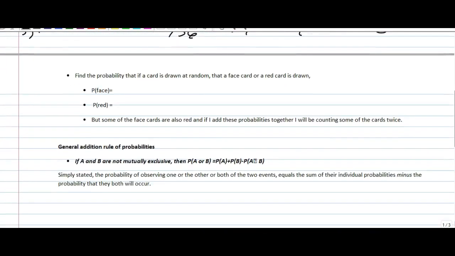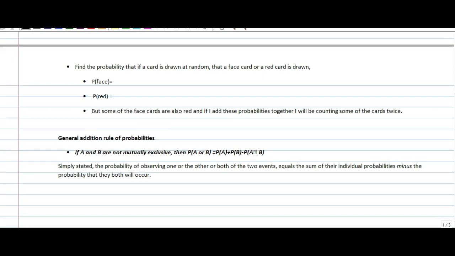Again, here I'm trying to find the probability that if a card is drawn at random, I obtain either a face card or a red card. Now again, you see the connective or, so that generally means that I'm going to take the sum of the separate probabilities.